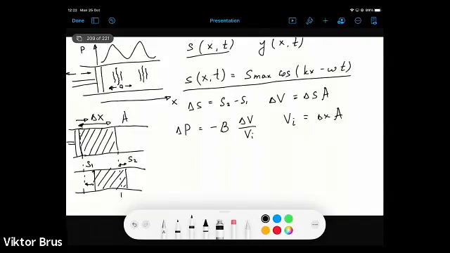So now we substitute instead of delta V its expression, and instead of VI its expression.